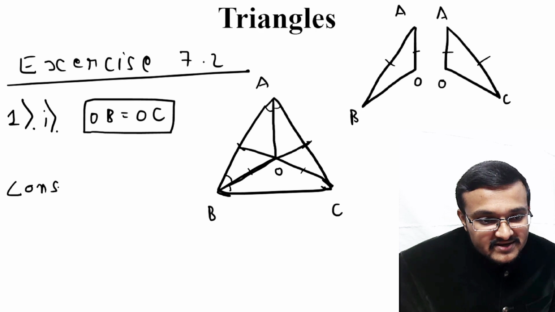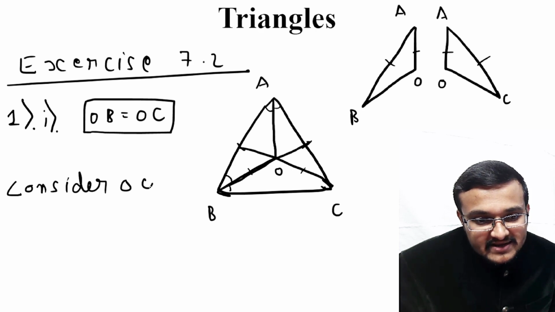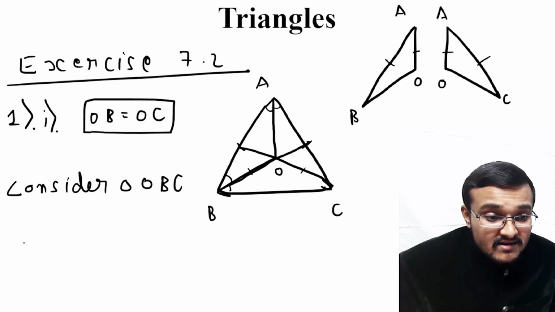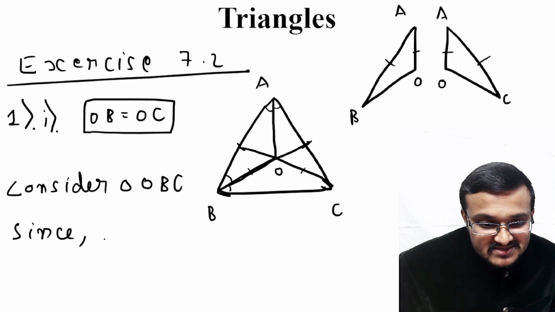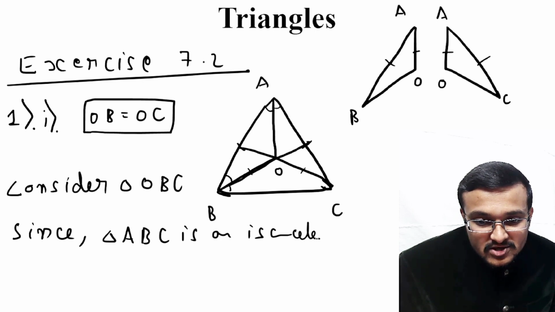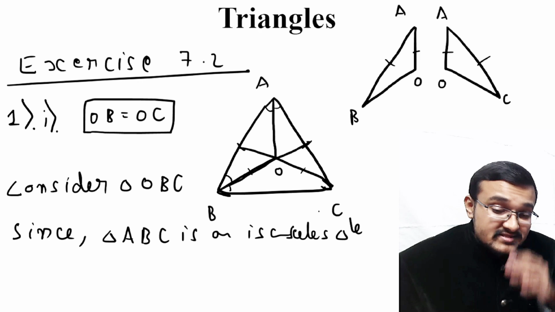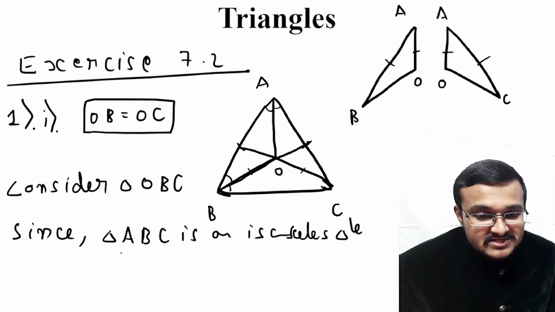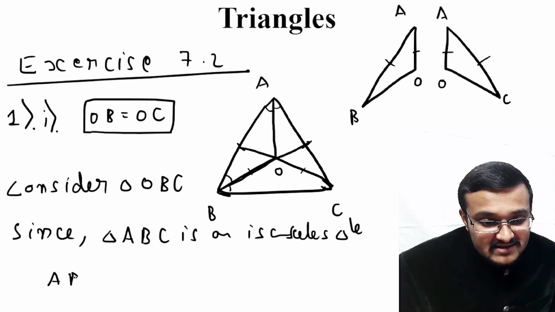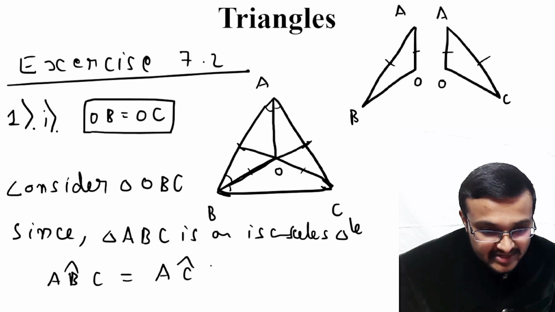Since triangle ABC is an isosceles triangle, angle ABC is equal to angle ACB.